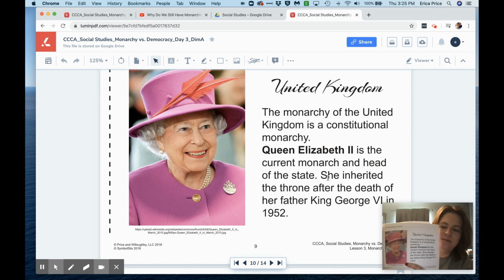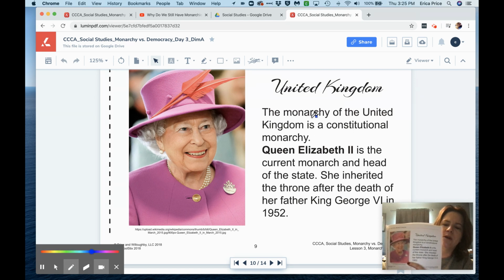United Kingdom. The monarchy of the United Kingdom is a constitutional monarchy. Queen Elizabeth II is the current monarch and head of the state. She inherited the throne after the death of her father, King George VI, in 1952. What type of monarchy did it just say the United Kingdom is?